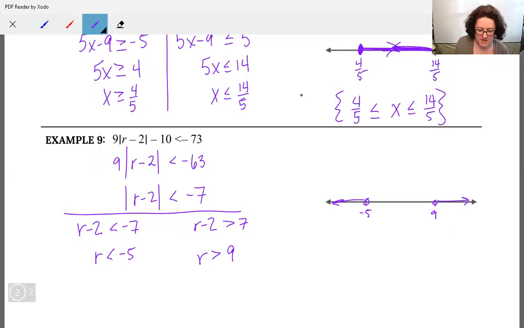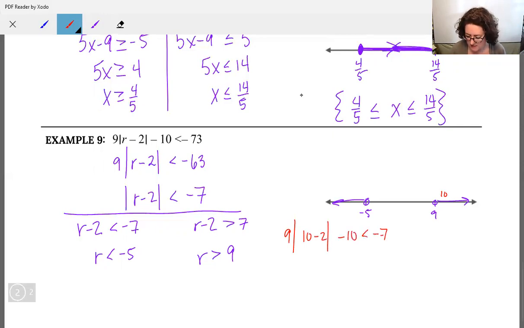I'm going to go ahead and check 10. Fairly easy number to check. So let's plug that in and see what happens. 9 times absolute value of 10 minus 2, minus 10, less than -73. Okay, so 10 minus 2 is 8. Absolute value of 8 is just 8.